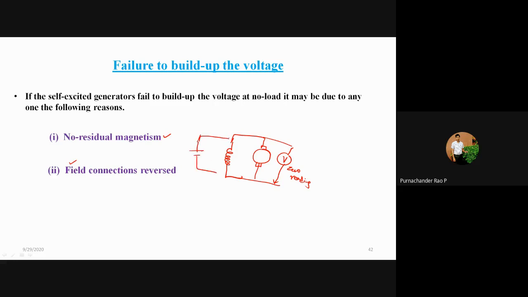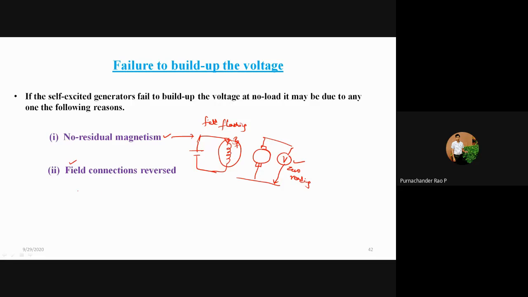The field winding then gets some field current, and this is called field flashing. Then it gets some residual flux, and you can observe voltage buildup in the armature circuit.